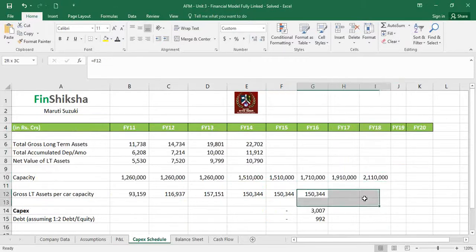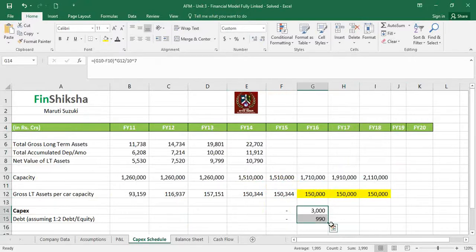Our broader assumption is what is going to be the gross capex or capital expenditure needed per car capacity, right? Based on which the formula is already in place. So let's say we say this number should be about 1.5 lakhs. We get a total capex number, and I can say that this number stays at 1.5 lakhs and this number stays at 1.5 lakhs.